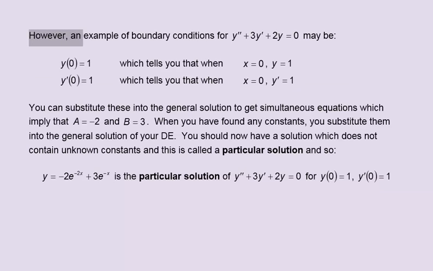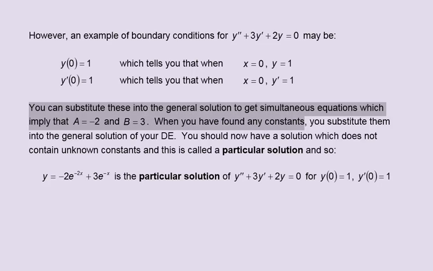However, an example of boundary conditions for y double prime plus 3y prime plus 2y equals 0 may be y of 0 equals 1, which tells you that when x equals 0, y equals 1, and y prime of 0 equals 1, which tells you that when x equals 0, y prime equals 1. You can substitute these into the general solution to get simultaneous equations which imply that a equals minus 2 and b equals 3.